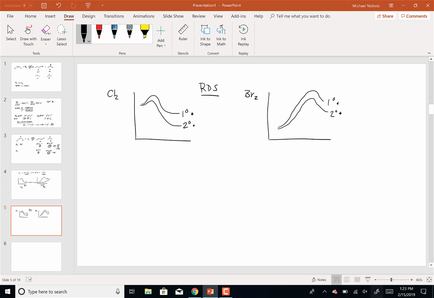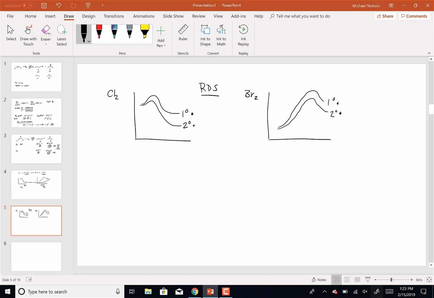Why do you form a secondary radical faster? Well, why do you form a secondary radical faster in each case? Kevin? Smaller activation energy? Because forming the secondary radical has a smaller activation energy, true. And that reasoning comes from the Hammond's Postulate.